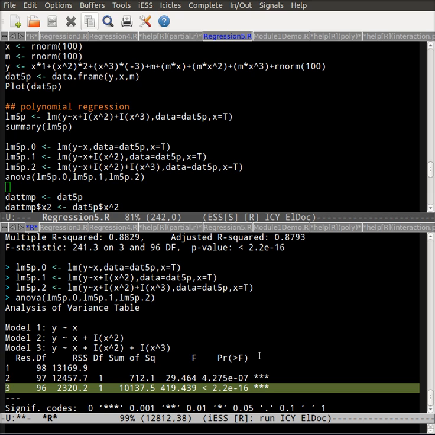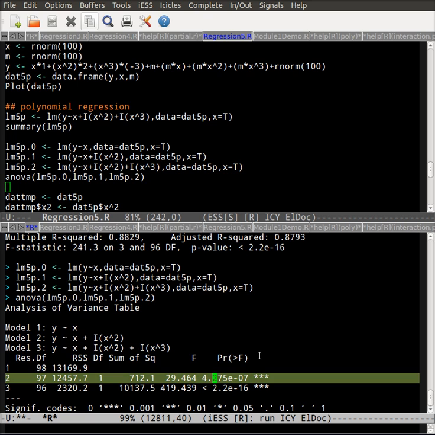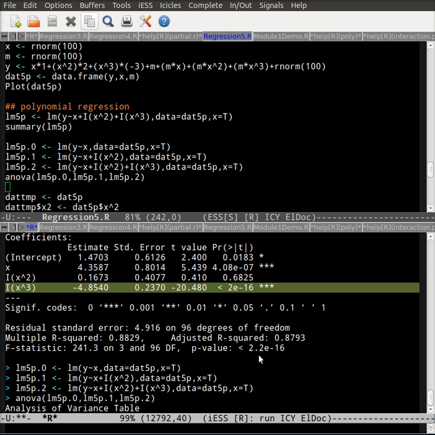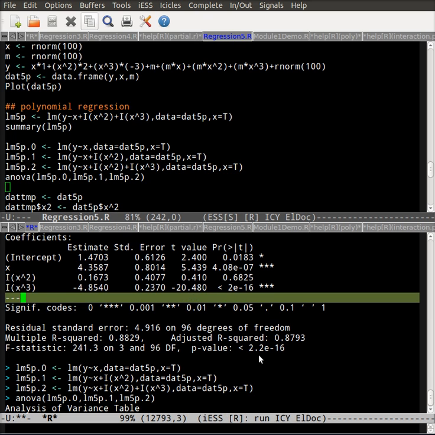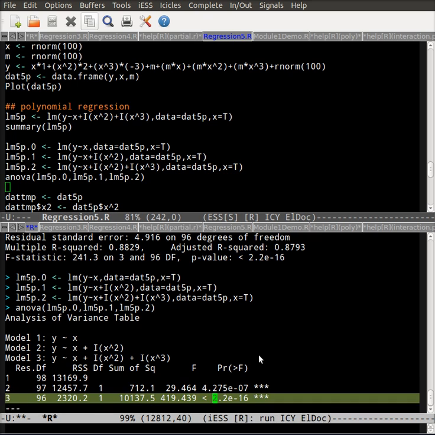Similarly, for my model 3, I'm including my cubic component, and I get 2.2 times 10 to the minus 16th, and I get 2 times 10 to the minus 16th here. So I'm getting similar values, but not the same.